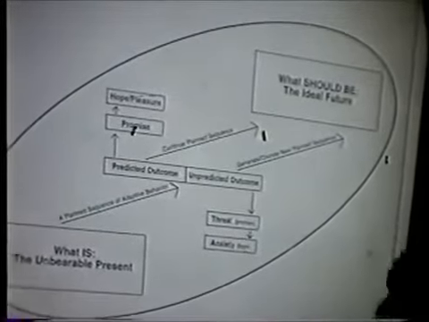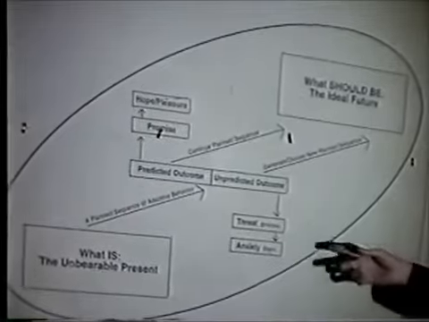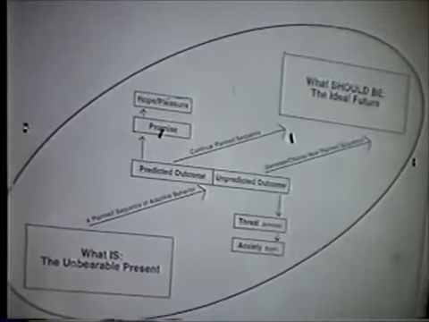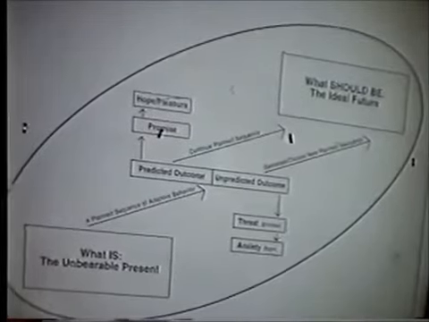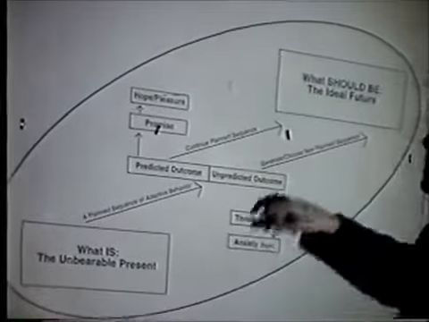Now, I've updated this diagram somewhat from its original simpler form to show that while you're attempting to transform this into this, things that you don't expect might happen. That's pretty obvious if you think about it, because if unexpected things didn't happen, that would mean that you knew everything, and you don't know everything, so unexpected things are always happening.